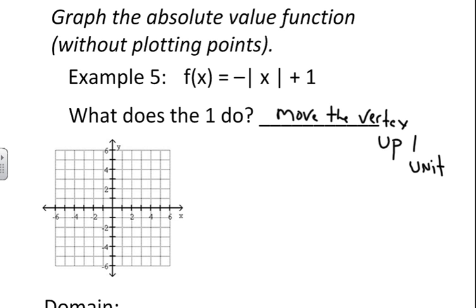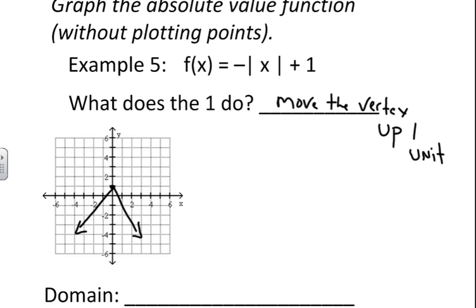So the negative means it's going to be upside down. So we're going to move up 1 unit. Here's the vertex. And it's going to be down. Okay? It's going to look something like that. I didn't draw it straight. It's going to move it up 1 unit.